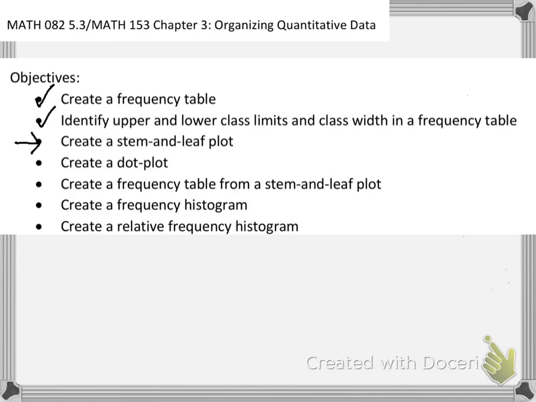It's important to understand that there are many different tools to organize quantitative data, and depending on the nature of your data, one tool might be superior to another one. For example, if you think about building a house, a hammer and a screwdriver are very different tools. If you're trying to put a nail into a wall, you would use a hammer. If you're trying to put in a screw, then you would use a screwdriver.